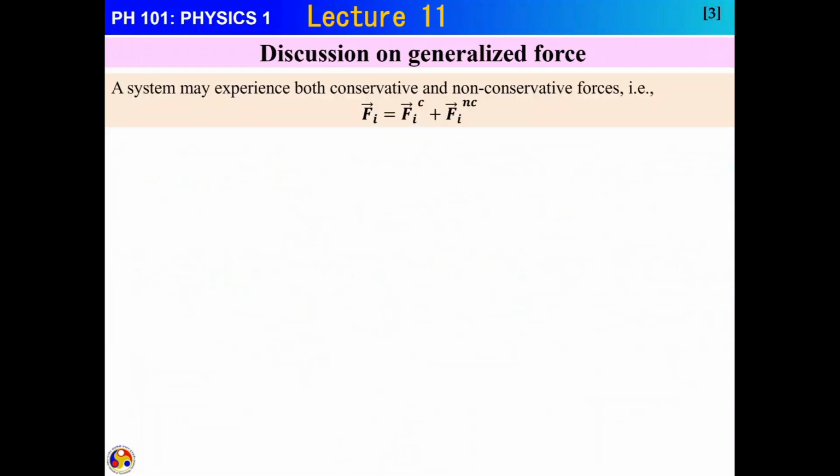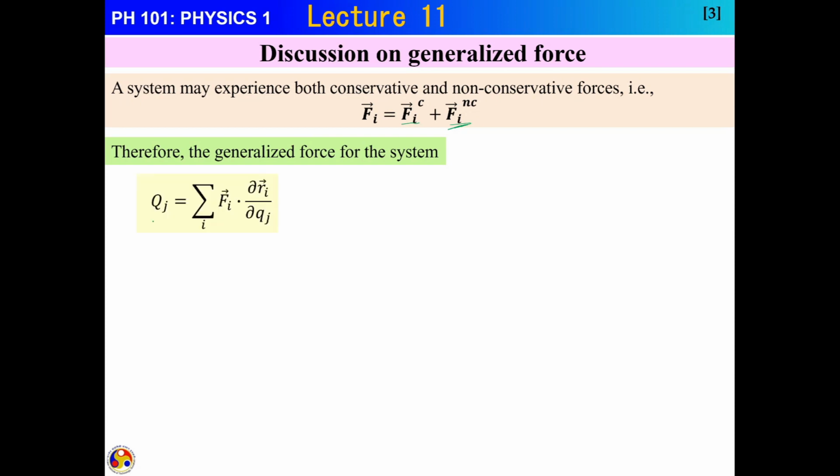But then we understand that a system may experience both conservative and non-conservative forces, so that the Fi can be written as a combination of conservative and non-conservative forces. In this case, the generalized forces for the system can be written such that we know the functional form of this generalized force.